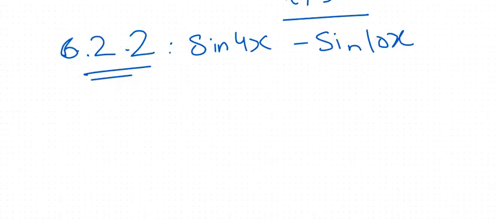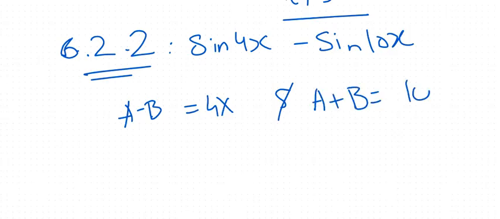So we need to rewrite the given expression in the form of sine(a − b) minus sine(a + b). Let a − b equal 4x, and a + b equal 10x. All right, so we solve the system of equations for a and b.